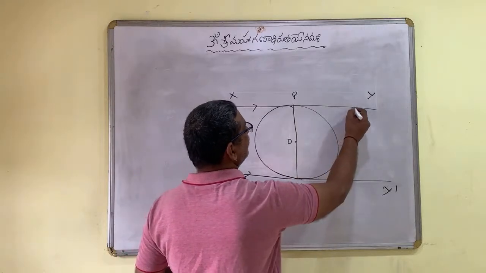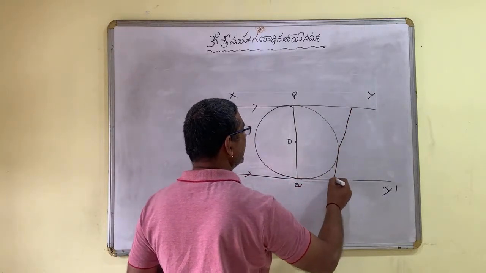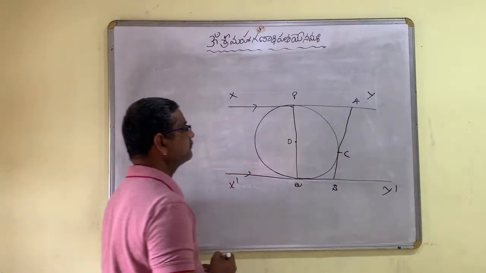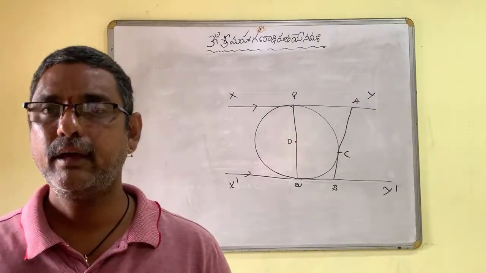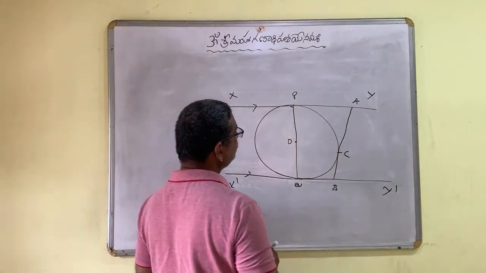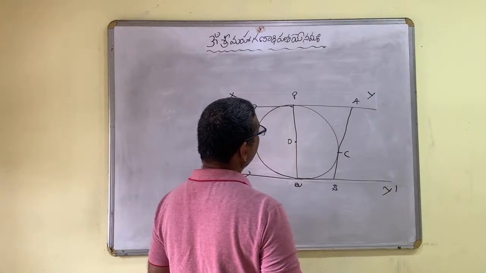Okay, and AB is another tangent at C. And what do we have to prove?